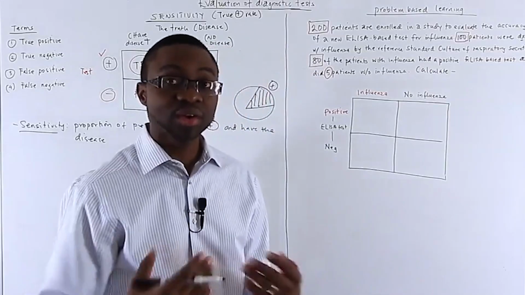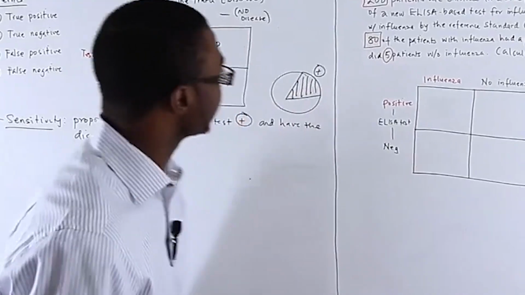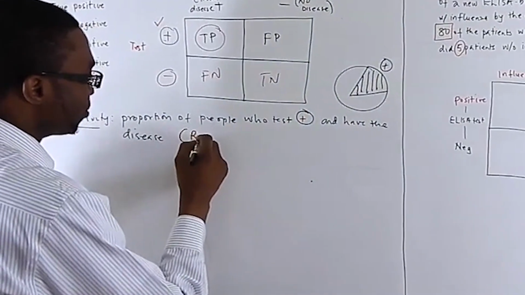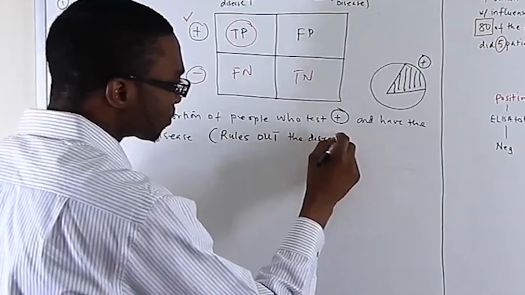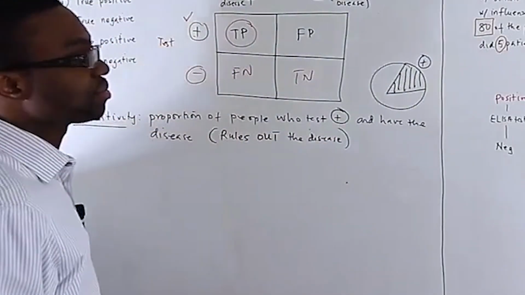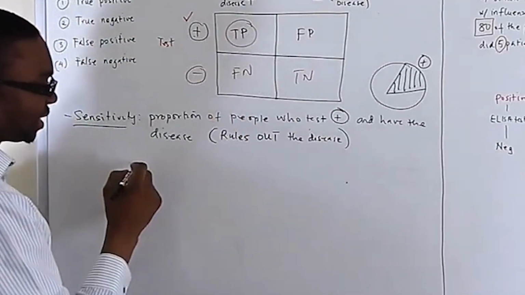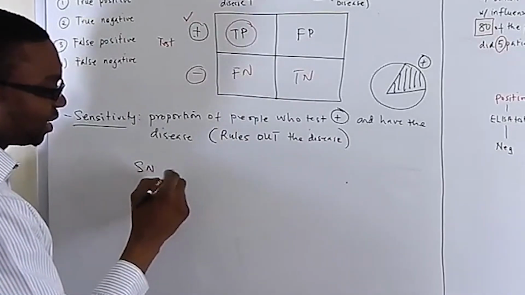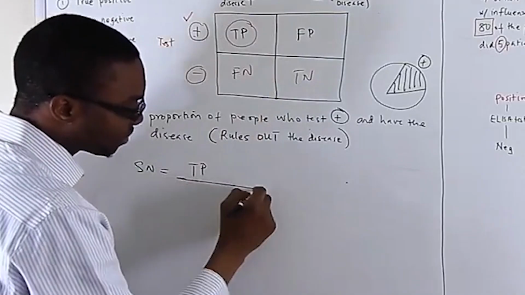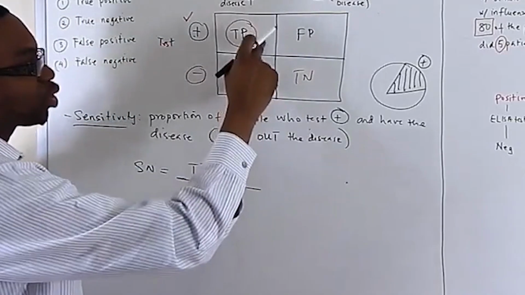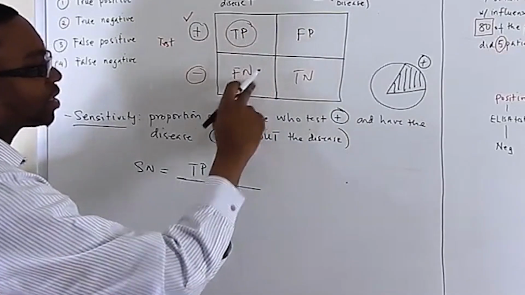So how do we determine the formula for sensitivity? Remember, it's a rule out test. It rules out the disease. So in order to determine sensitivity, using the 2x2 table, sensitivity, I'm going to write by SN, is the true positive test, okay, divided by the total amount of people who test positive and the false negative.